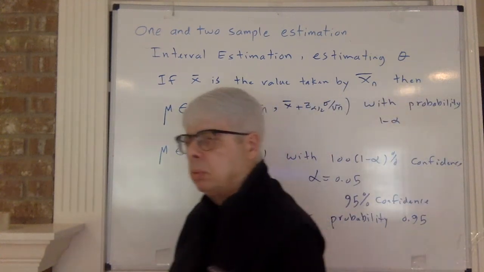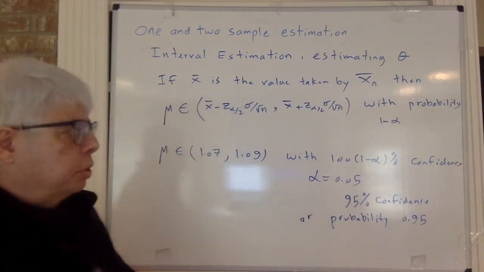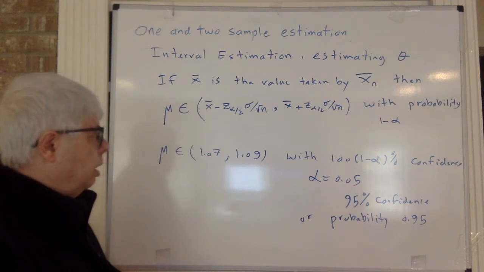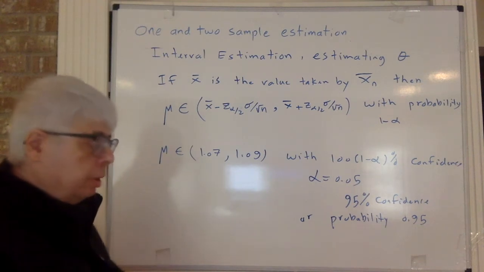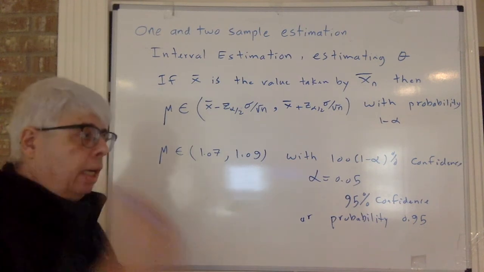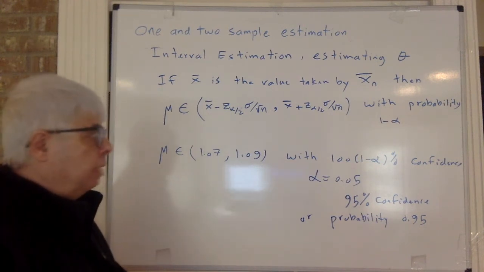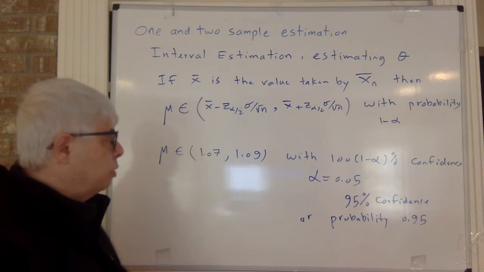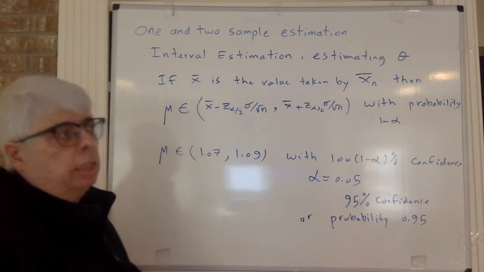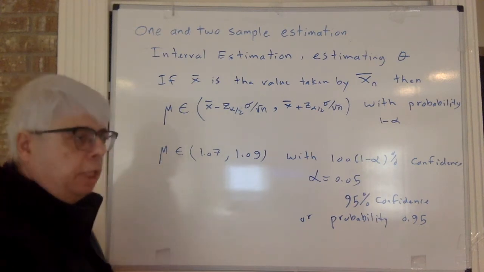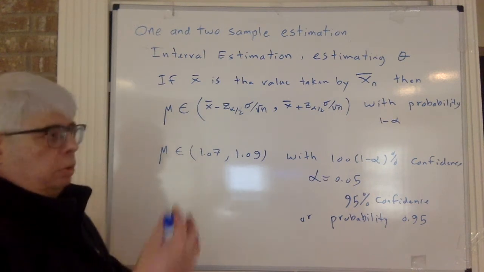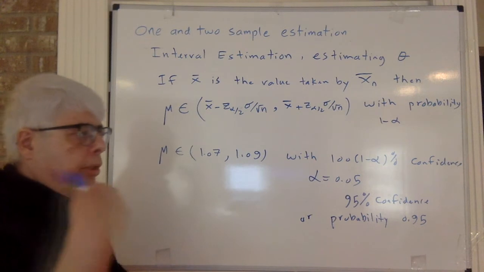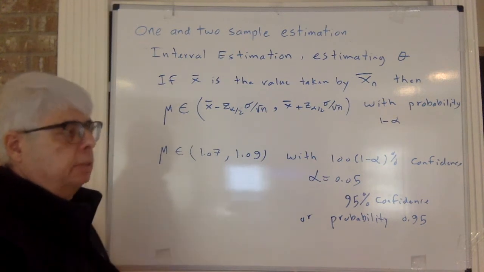So what does this mean? 95% or 0.95. So you have done an experiment. You go out there, take n samples, and find x bar, and you find these two numbers, 1.07, 1.09, and then you make such a statement. So just look, one experiment, a probability of success.